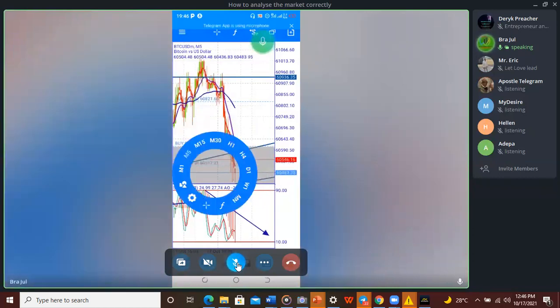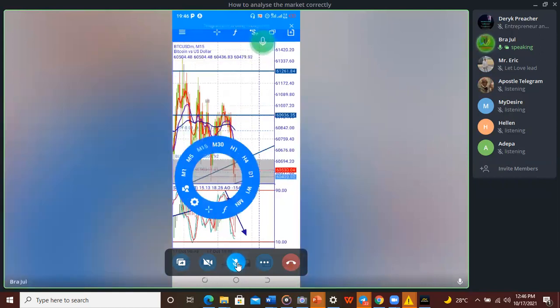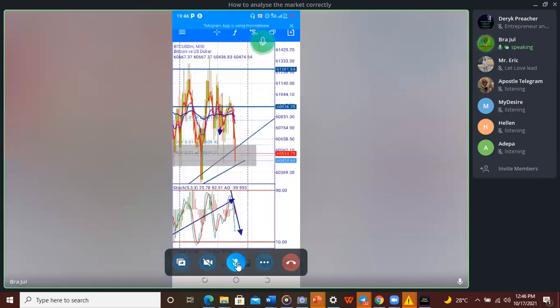But the M15 also has to confirm whether it is going to respect this small vertical line or crash down. And since it has crossed here, it is crashing down.